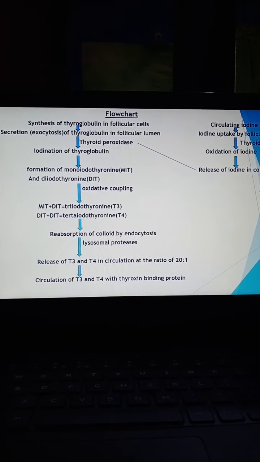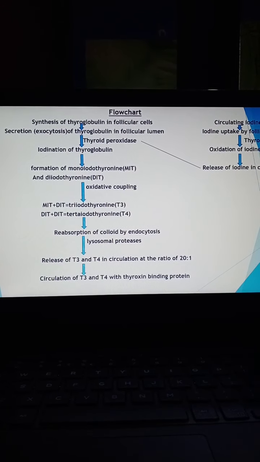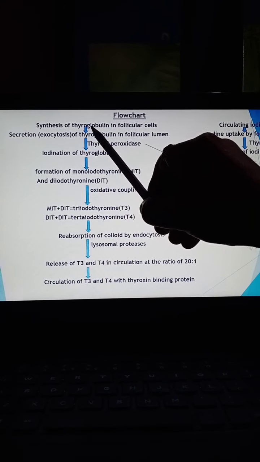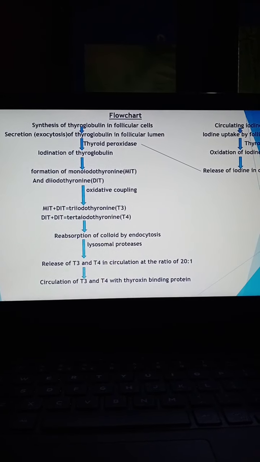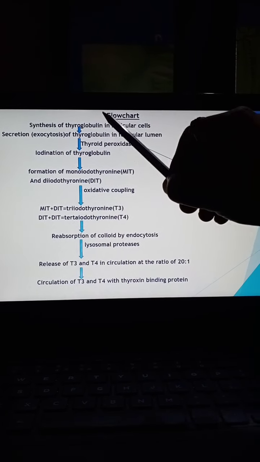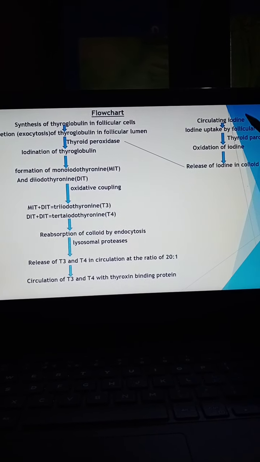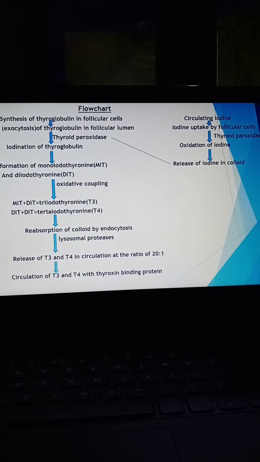So in short, when you summarize the synthesis of thyroid hormone, the first step is that thyroglobulin, a special protein, is produced in the follicular cells. At the same time, circulating iodine is taken up by the follicular cell. Then oxidation of the iodine takes place.